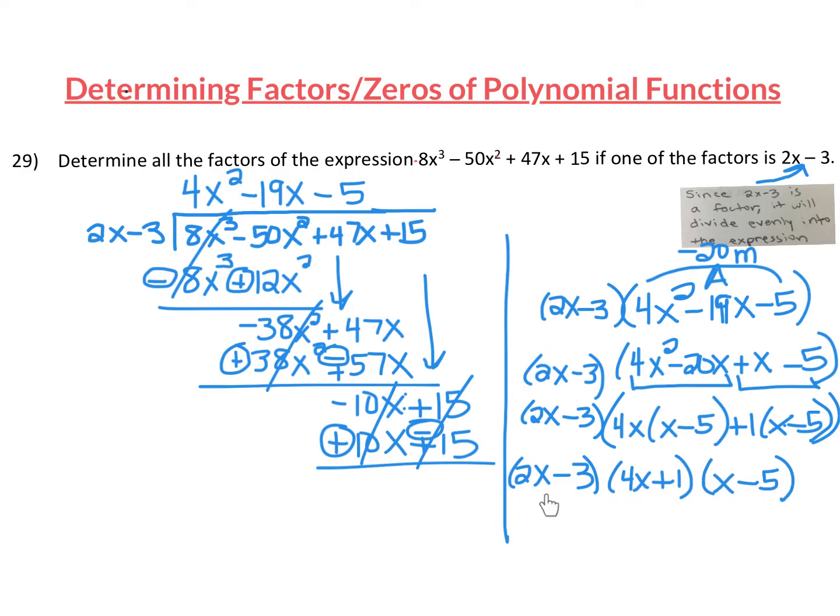So these are the 3 factors of this original expression. If I multiplied all these out and combined my like terms, I would wind up with this expression. So box off the final answer, or circle it, whatever you like to do.